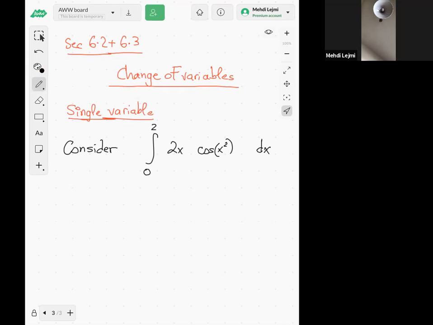This is a function of a single variable. We have only one variable, x.